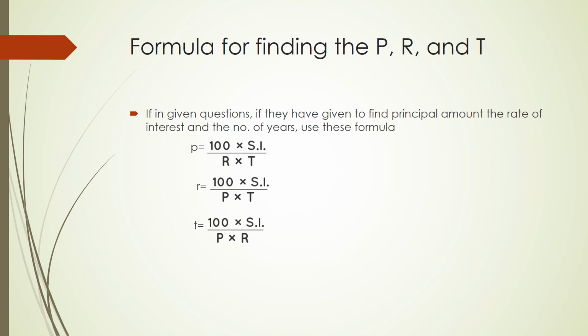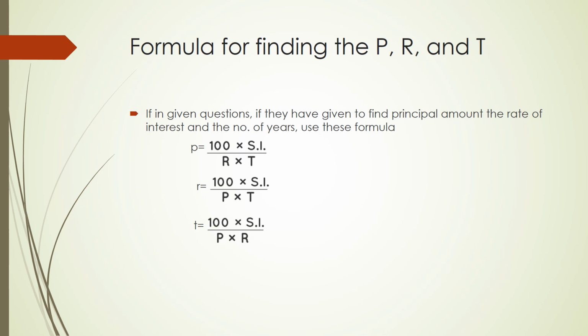Instead of using these, you can even use the same formula you use for simple interest, but that will take a little more time. So you can use these formulas to find the principal, rate of interest and time in less time.